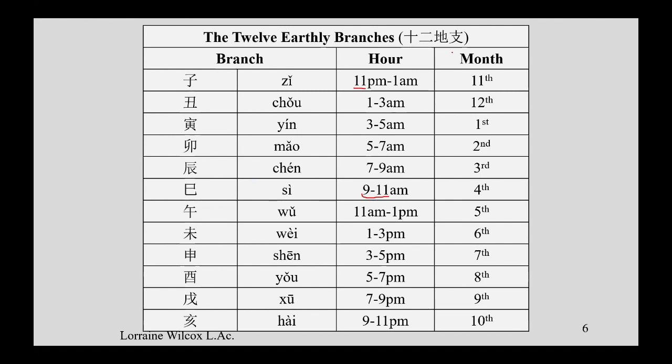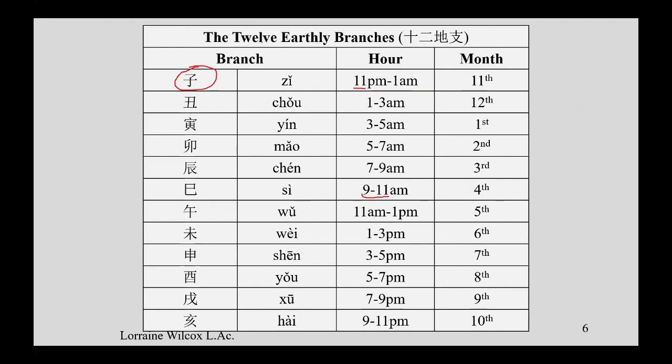So this is how they talked about time of day. In addition, the months, there are 12 months in most years. We'll talk about the leap year later. So the months, there are 12 months, but unfortunately, just to make things complicated and to give people a hard time, the first branch is not the first month of the year.